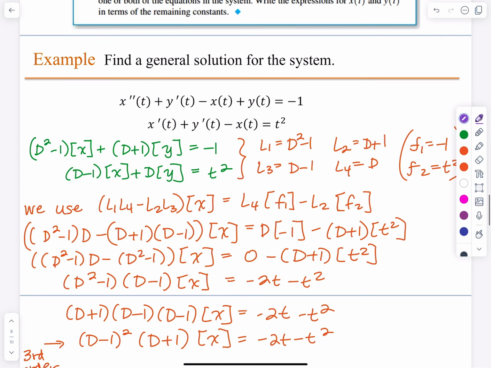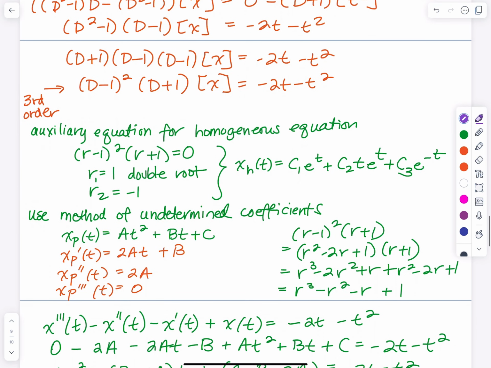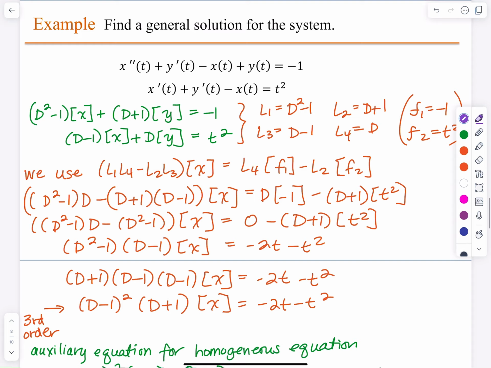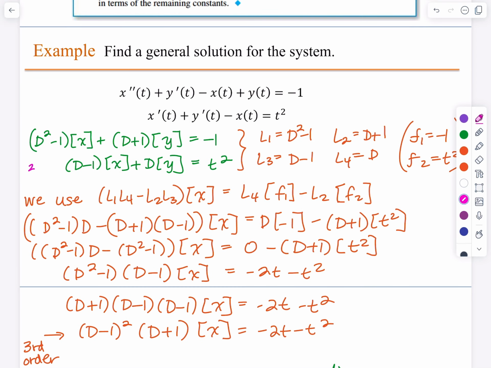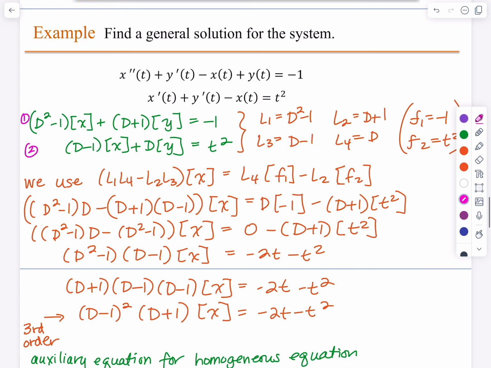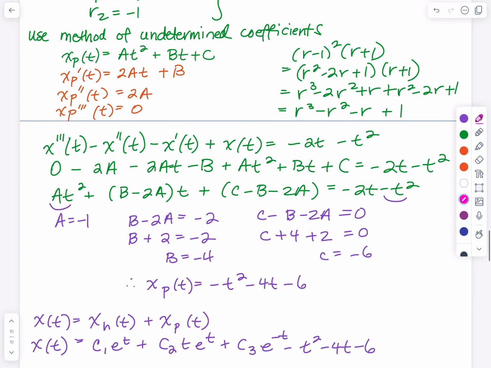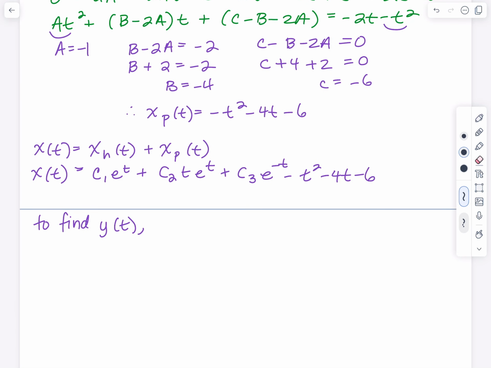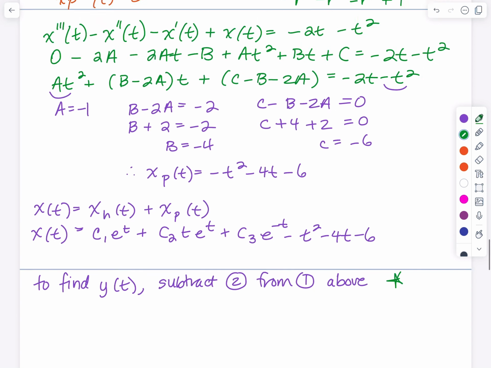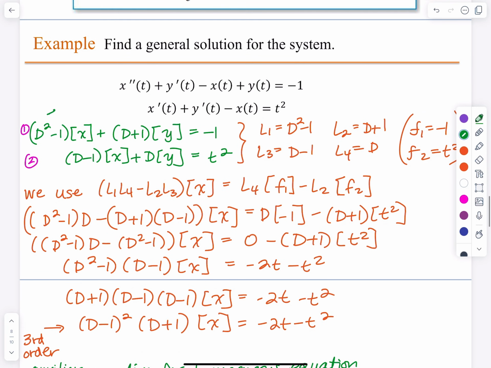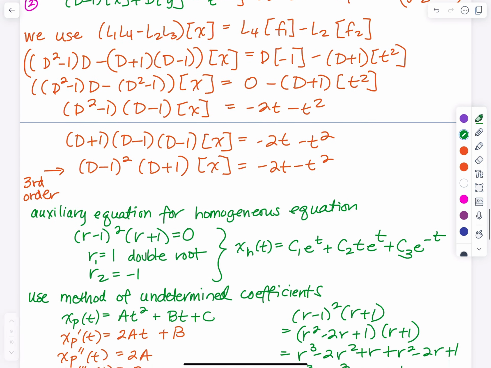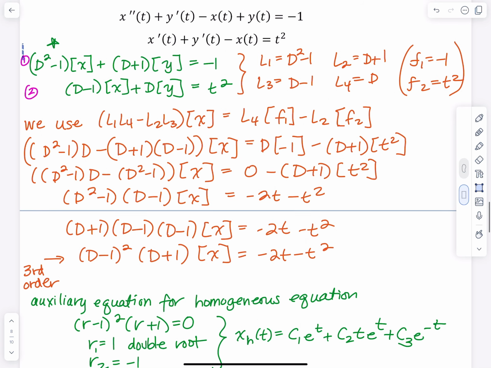So we are going to take a look at these two equations above, and we are going to subtract this equation from this equation. So we are going to use 1 minus 2. And I will put a star here. Okay, so if we do that, and I can go ahead and copy these.